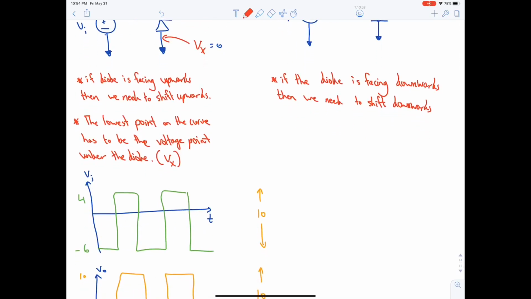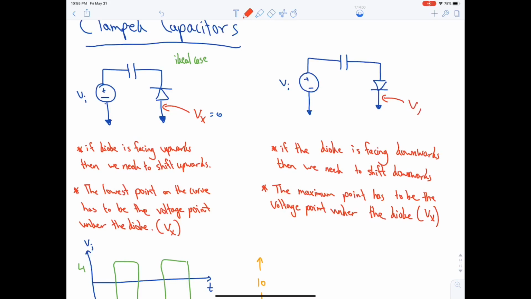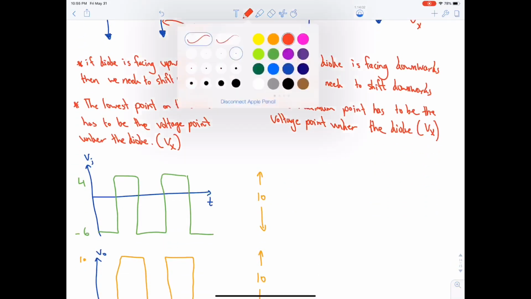And the maximum, or the highest point, has to be the voltage point under the diode. Let's call it again Vx. So where's Vx here? It's here and it's equal to 0.